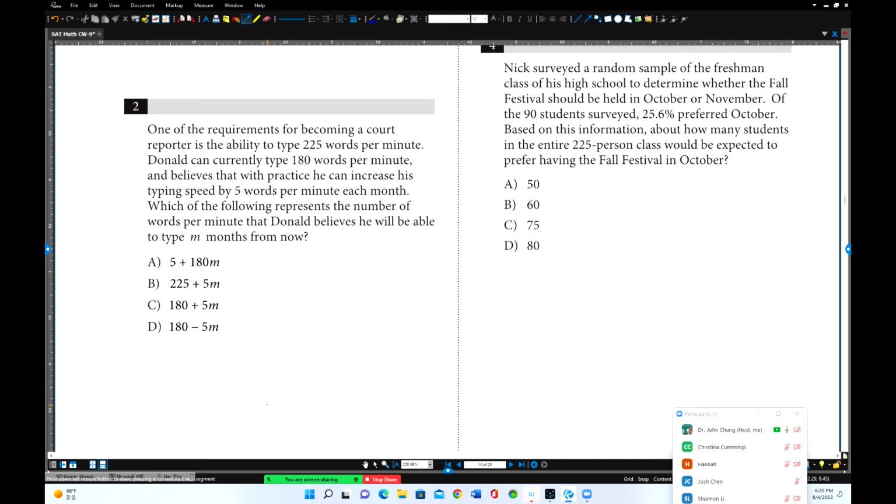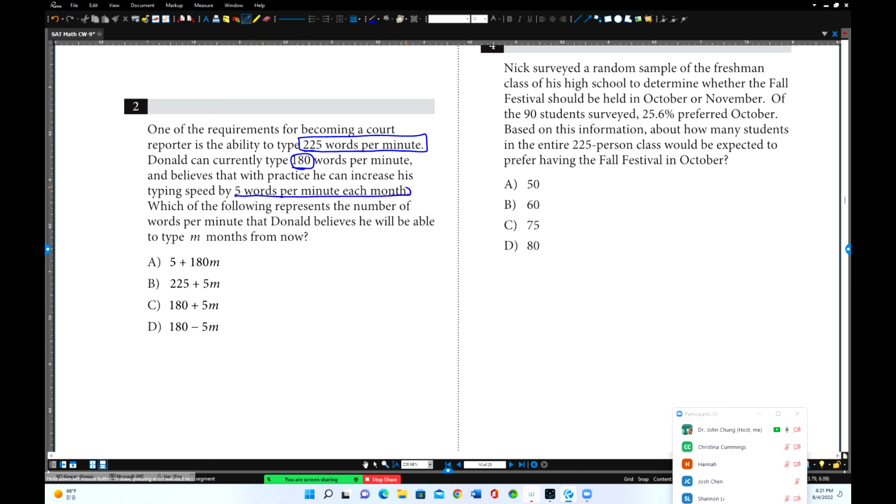Over here, number 2. One of the requirements for becoming a court reporter is the ability to type 225 words per minute. Wow, this is a very fast rate. Donald can currently type 180, still lower than 225 per minute, and believes that with practice he can increase his typing speed by 5 words per minute each month.